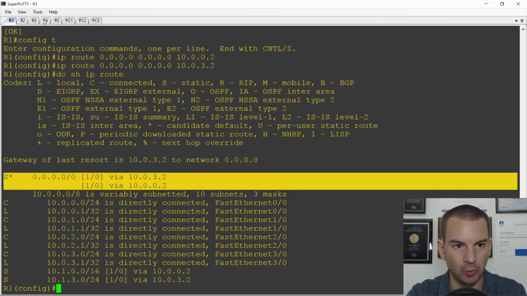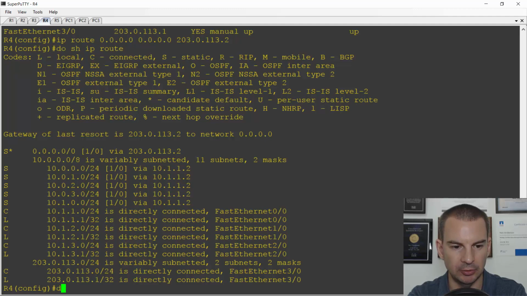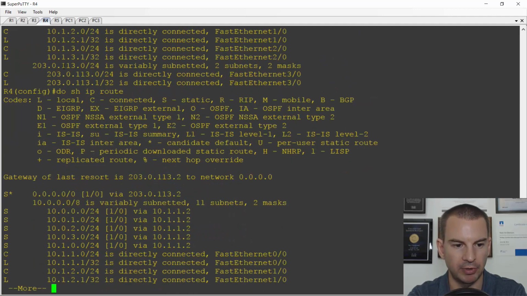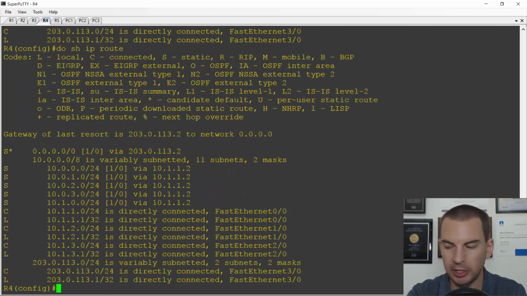So on R4, let's do a do show IP route. And I was looking for the 10.0.1 network where PC1 is, and it's going via 10.1.1.2, which is on R3, and 10.0.2, I've also got a single route for that going via R3 as well.